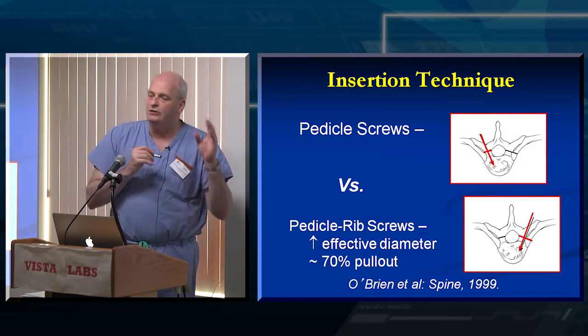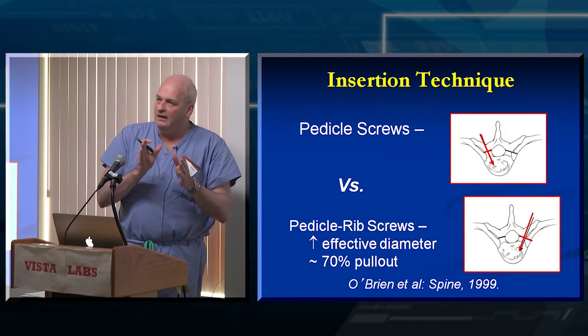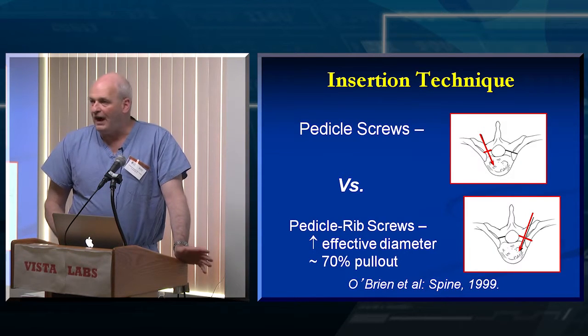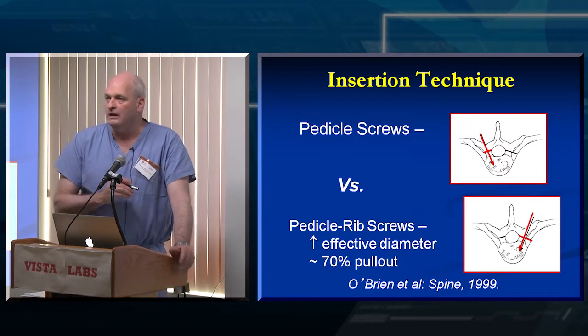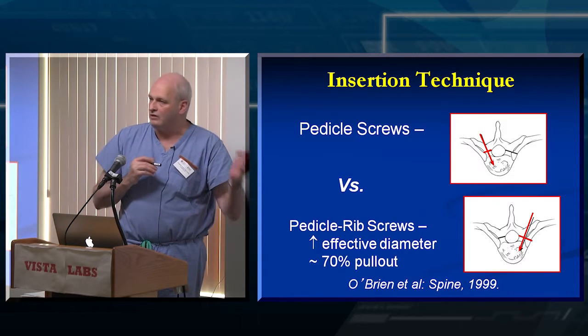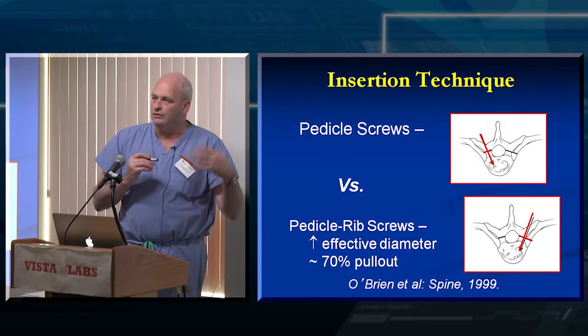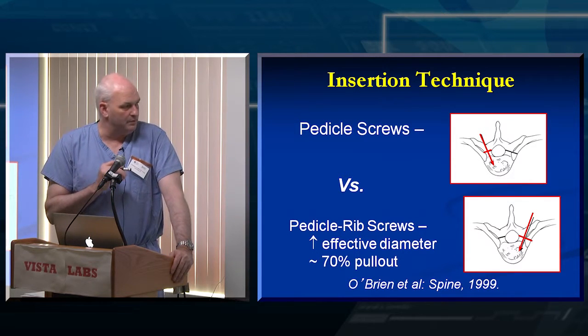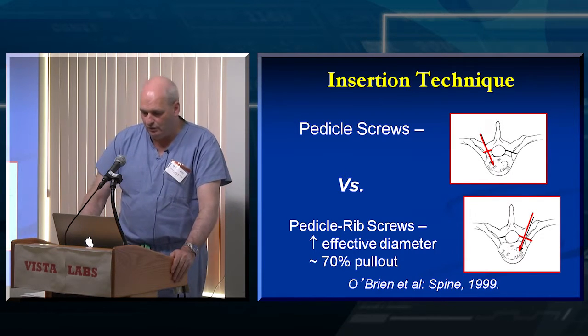So, for example, if by just looking at the size of the pedicle I had to put a 3.5 screw in, I can put a 5.5 screw in using a rib pedicle screw. I actually have a stronger construct, because a 3.5 pedicle screw is equivalent to about a 4.5 rib pedicle screw. And this is something to consider when you're contemplating your deformity correction techniques.